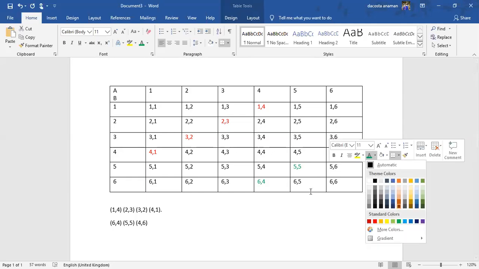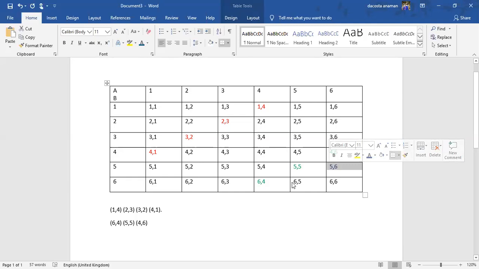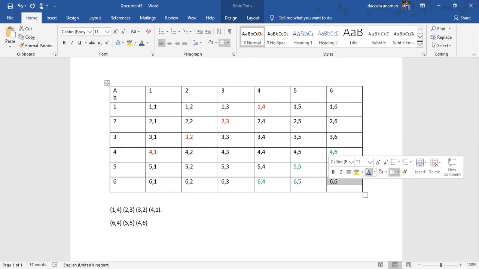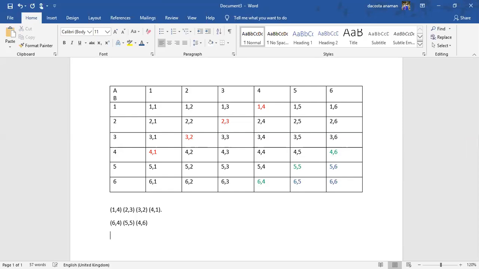Then you have 6 and 5. Then you have 6 and 6. Oh, I like how the class is becoming entertaining. I like it. 5 and 6. 6 and 5.